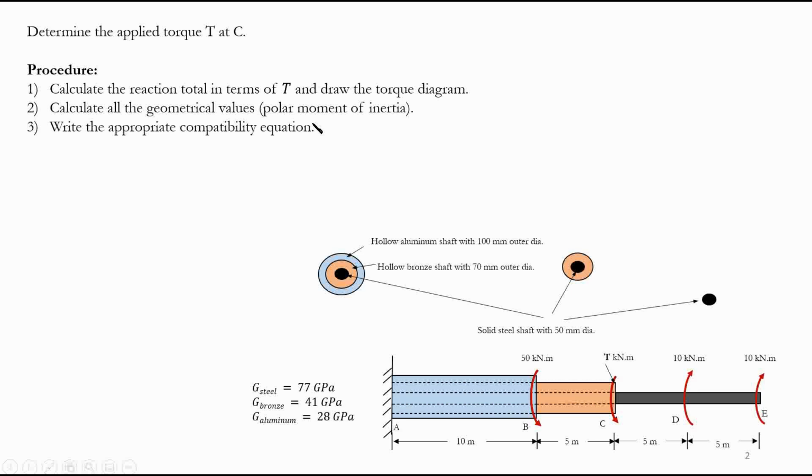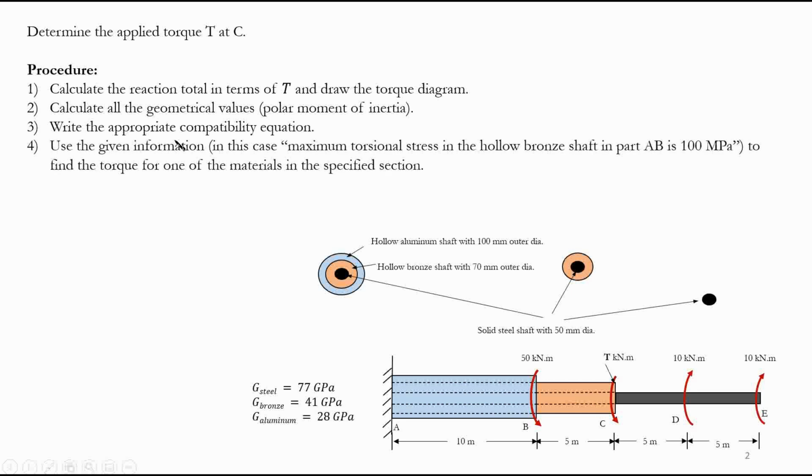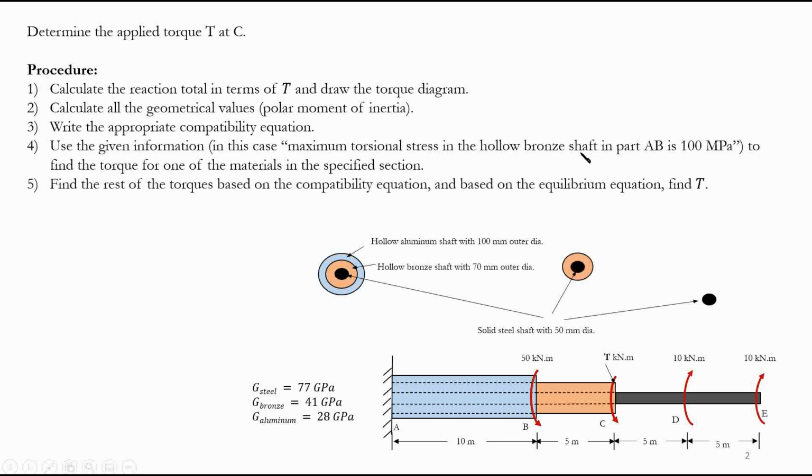We're going to go over one by one what all of these mean. Then write the appropriate compatibility equation and use the given information, in this case the maximum torsional stress. Identifying this information is very important. Basically, this is key to solving our problem. Then find the rest of the torques based on the compatibility conditions and the equilibrium equation.